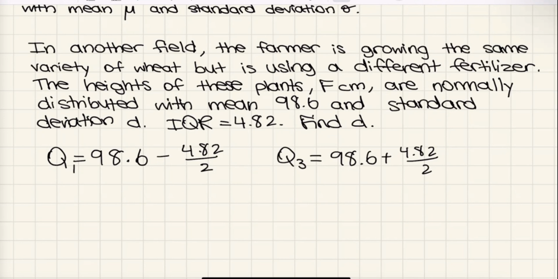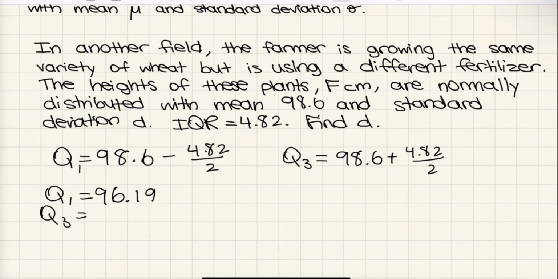And so then we're going to get that Q1 is equal to 96.19, and Q3 is equal to 101.01.